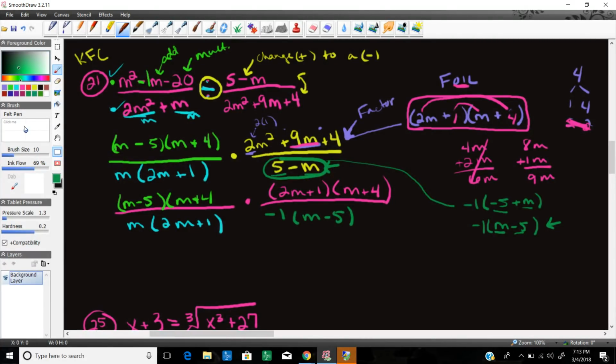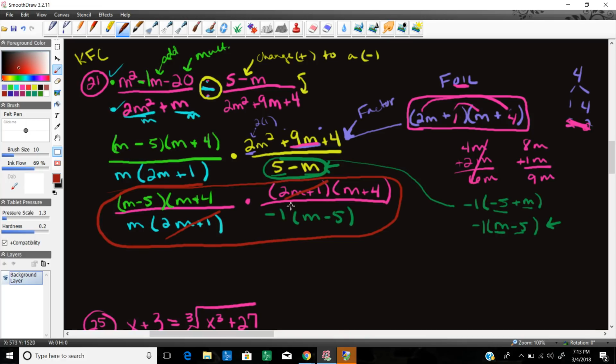Okay. So what I'm looking at now, finally at the end, is this right here. And I'm just going to kind of box it up. It's not the final answer, but I want you to see what we have left over. Okay. Whatever we have on top that is the same as the bottom can be crossed out because that's equal to 1. So if we look at that, I have 2m plus 1 here and 2m plus 1 there.